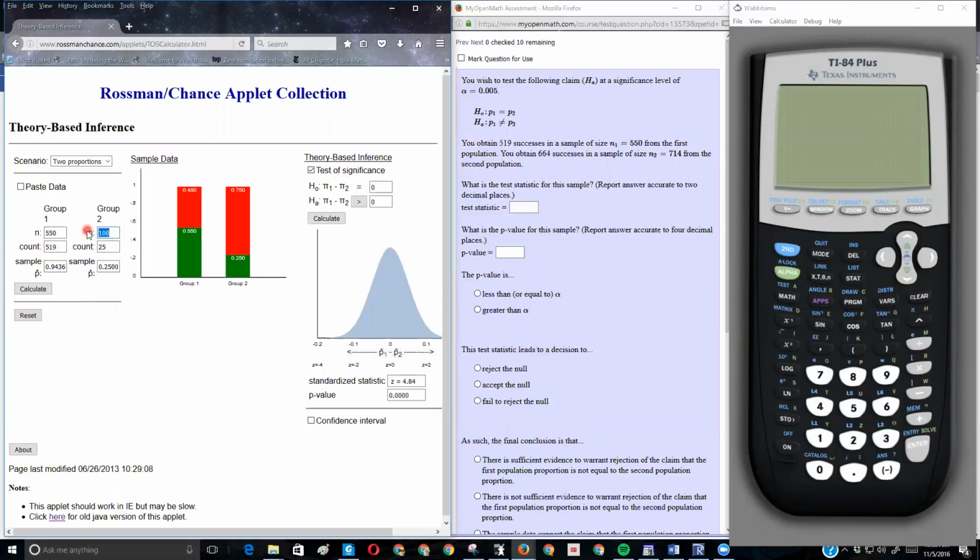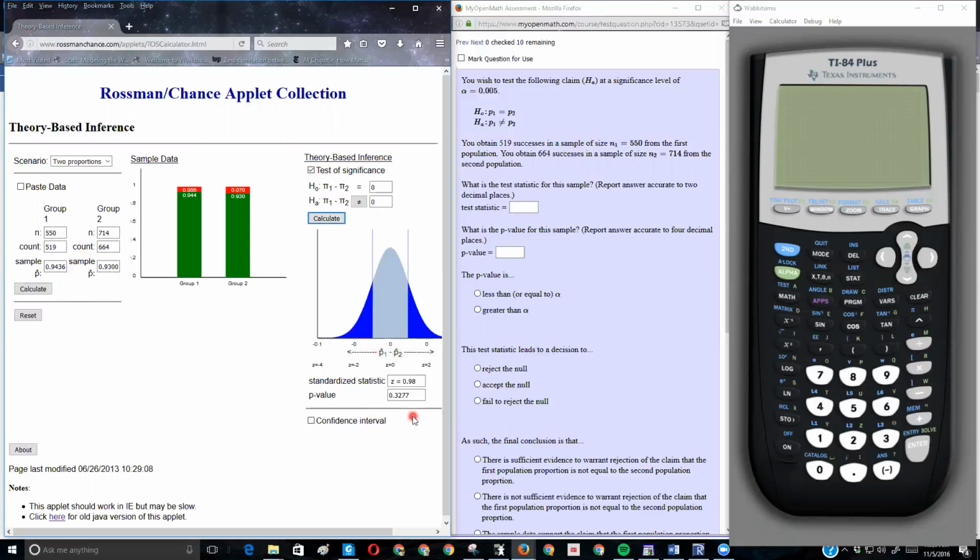And there were 714 total in group 2, and 664 was its success. Okay, and then we're going to do a two-tailed test, and if there's no difference, we set it equal to 0. Remember, these two numbers have to be the same. We're going to calculate it.